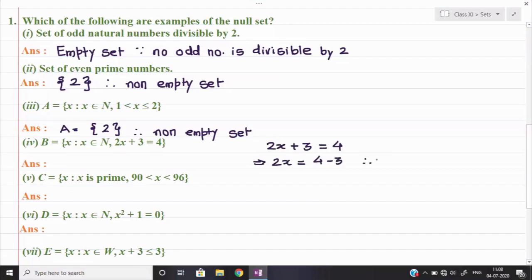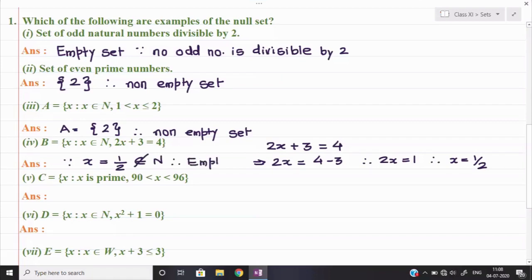So the value of 2x will be equal to 1, and therefore the value of x is 1 by 2. Right? Now I am getting x equal to 1 by 2, but 1 by 2 is not a natural number. So therefore we can say it is an empty set.